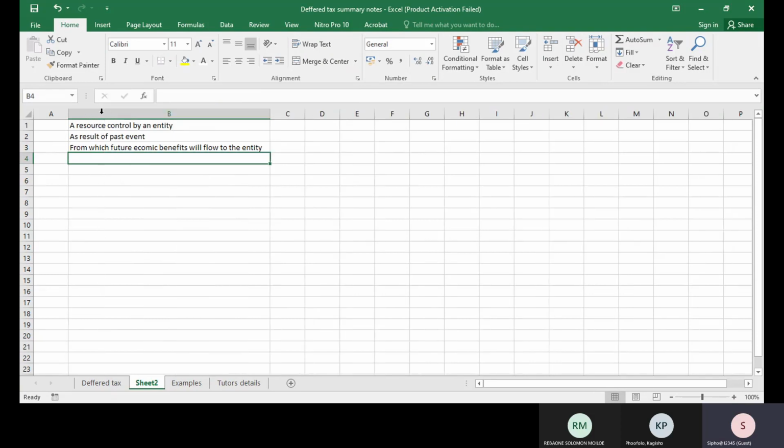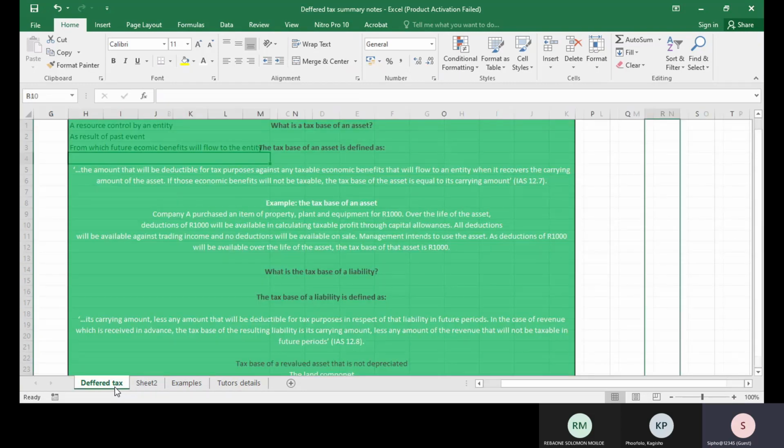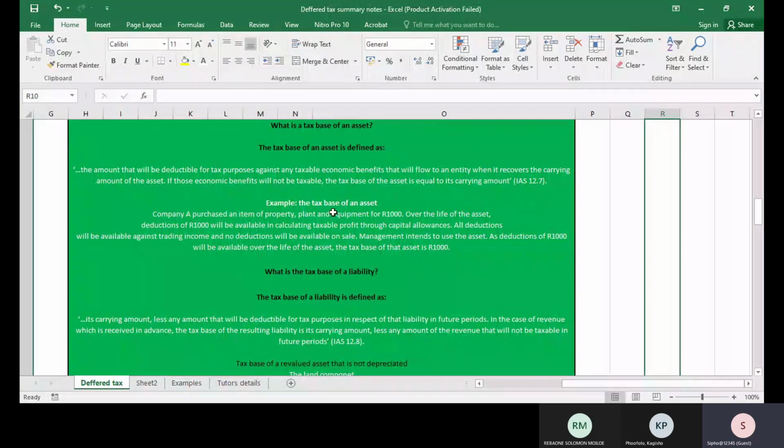All right. So the reason why I want to take you through this definition is because I want you to understand this concept of economic benefits. What do they mean by that?